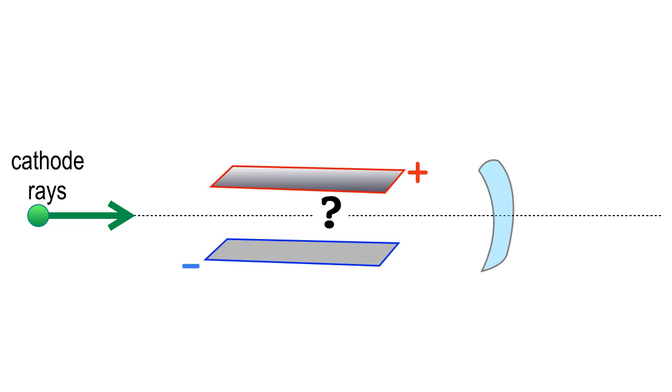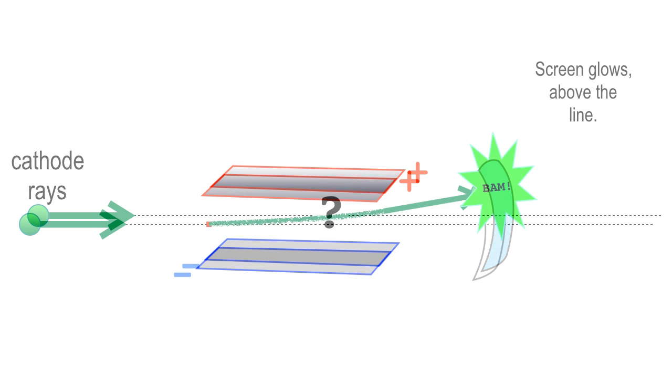So if those cathode rays are positive, they're going to dip downward, away from the positive plate toward the negative plate. Similarly, if the cathode rays are negative, they're going to dip upward towards the positive plate, because negatives like to go towards positive, electrically speaking. Opposites attract, likes repel. And this is what he found.